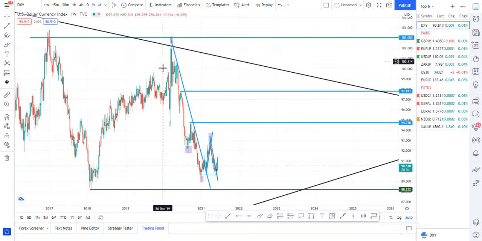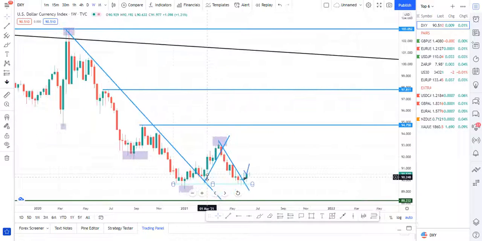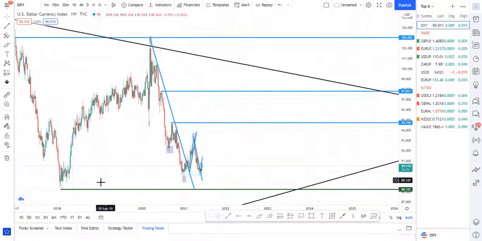And it must come retest this area of support, because this is the last time it was at the bottom. This is the lowest it was, and this is the highest it was in terms of the current market. Then it went down, kept on going down, but then for some odd reason, it started rejecting here instead of going fully here.